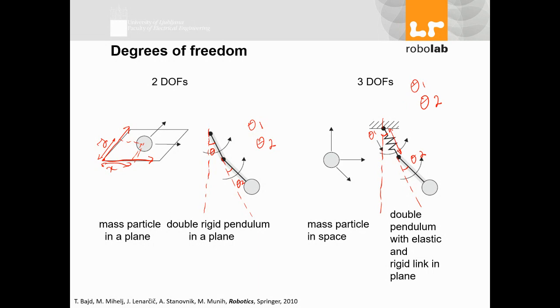This length is also variable. So depending on how much is your x or L or whatever you call it, the position of the end point or the particle or the object will be described based on theta 1, theta 2, and L. This is a basic of finding location of an object in 3D space.